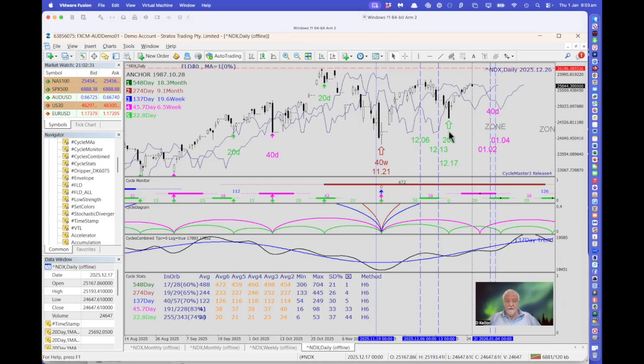We'll bring some data in. Well, unlike the S&P, it certainly hasn't got anywhere near its all-time highs. In fact, it hasn't surpassed its previous high of the 10th of December. So weakness on the Nasdaq. It is dropping into this 40-day low zone between the 2nd and 4th of January.